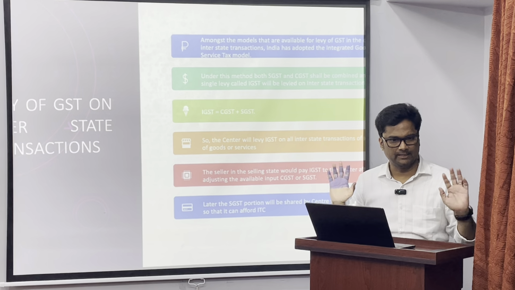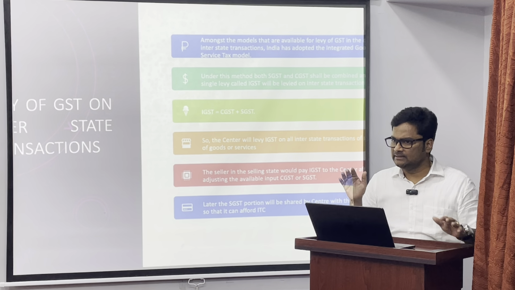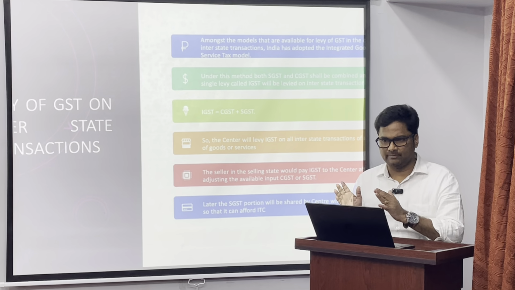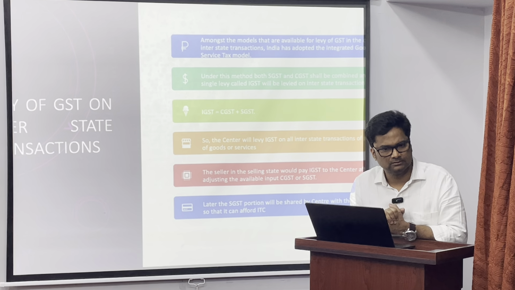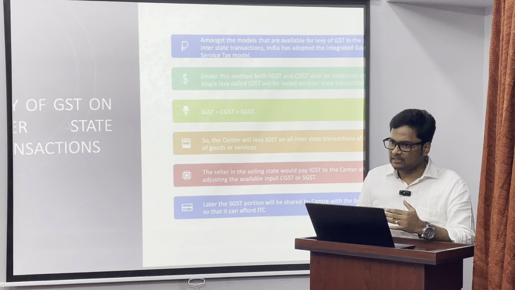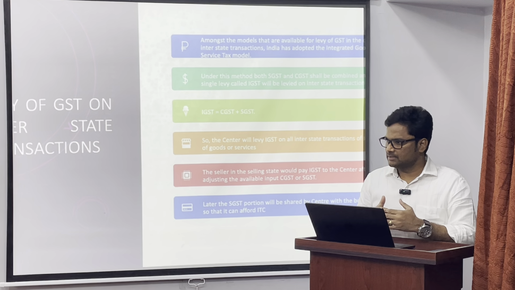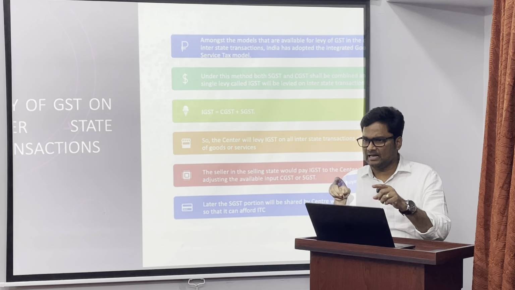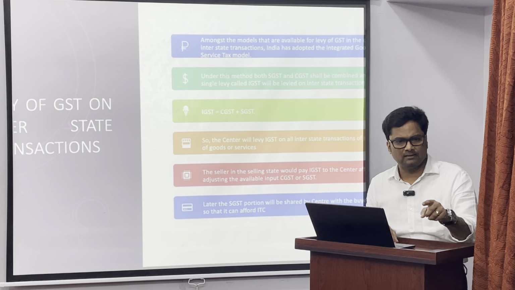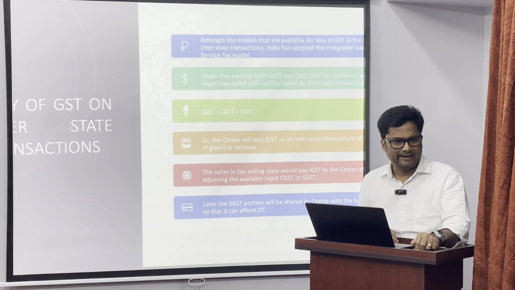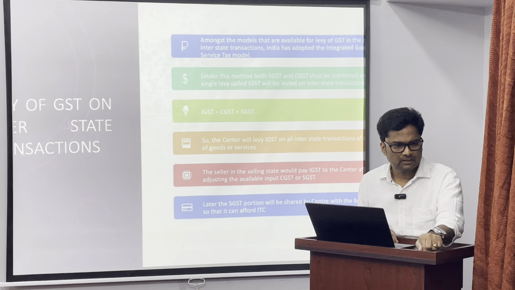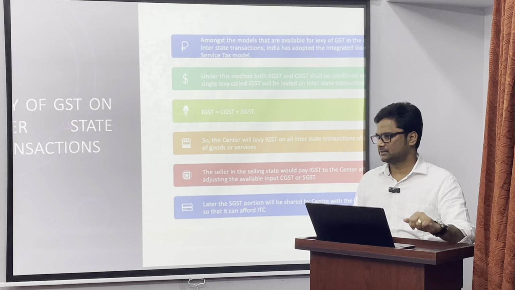Okay, full credit. Sir, in that there are two portions, central portion and state portion. Central portion, there is no issue, the government will give. What about the state portion? Now the central government says, having taken the input tax credit of IGST, now you can use this either for CGST payment or SGST payment.